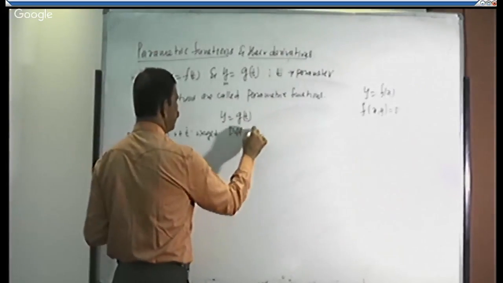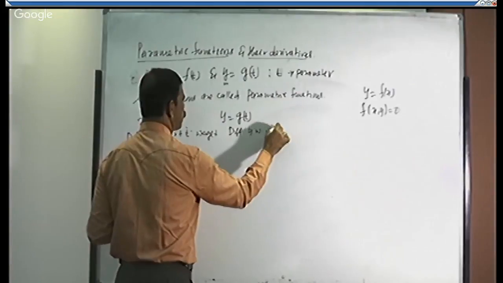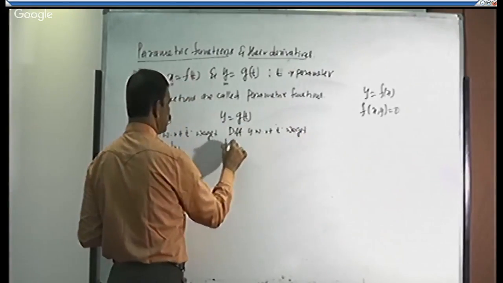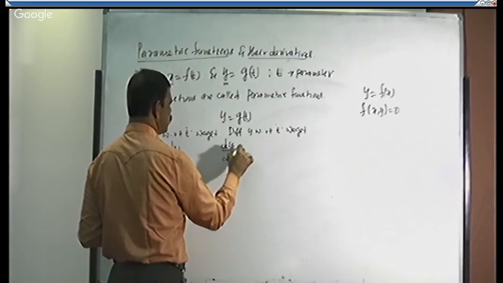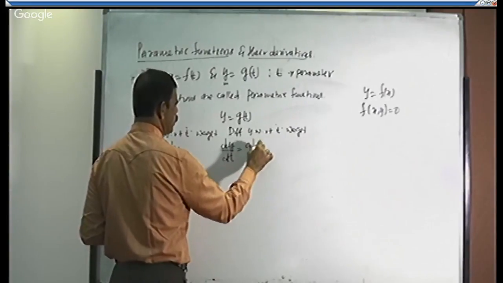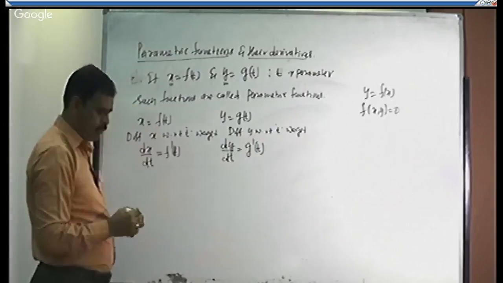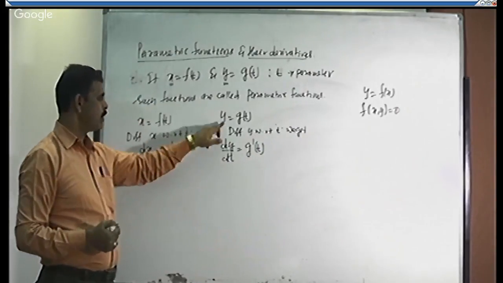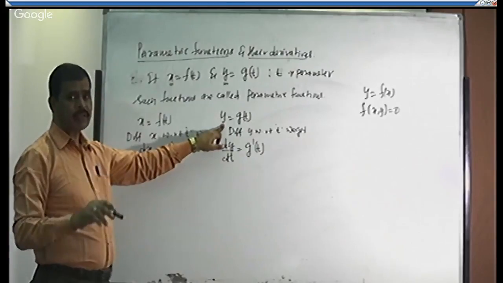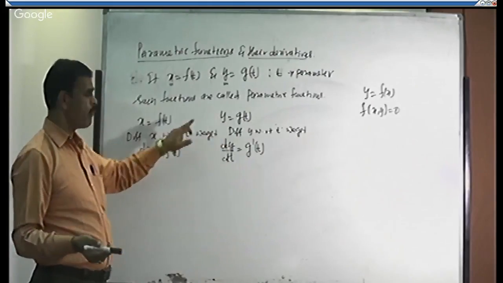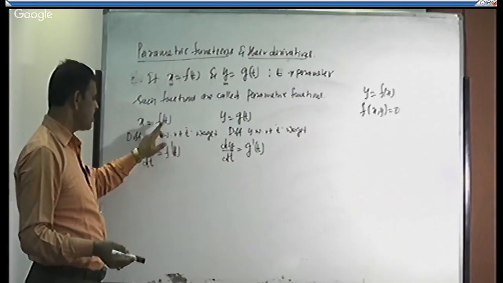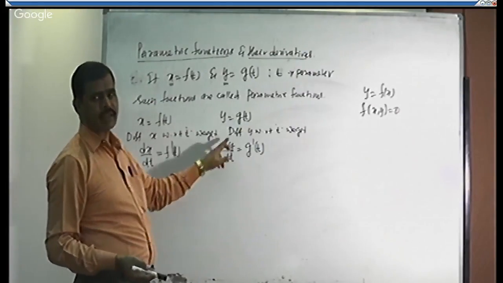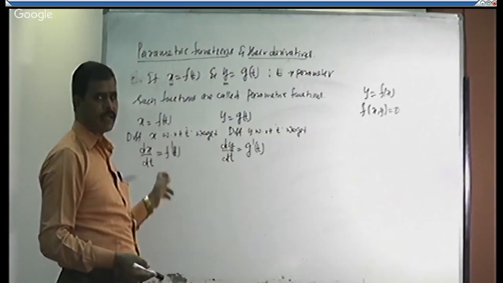Differentiate y with respect to t. We get dy by dt is equal to g dash t. Means we have differentiated the given x and y with respect to their variable. If it is in t, we take t. If it is in theta, we take dy by d theta and dx by d theta.